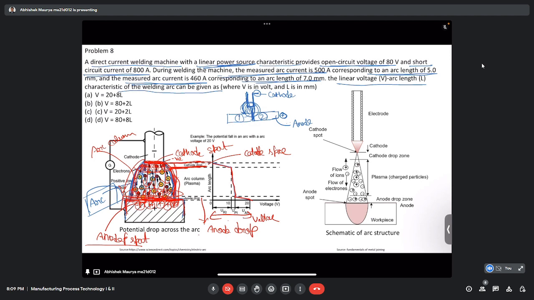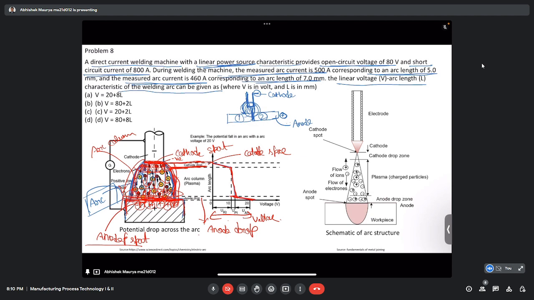So when electrons move from the cathode spot to the cathode drop region, a huge potential drop takes place. And when it travels inside the arc column, only a small amount of potential drop takes place over a long region. And after that also there is a sudden drop of potential.